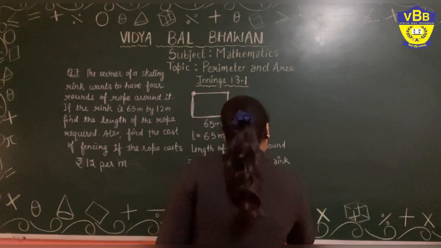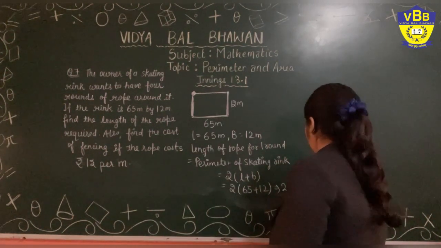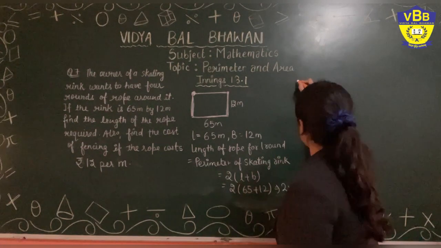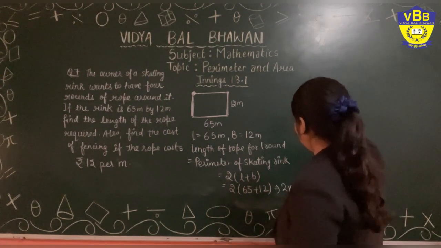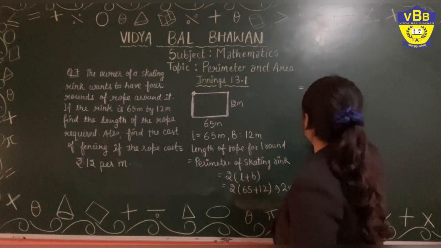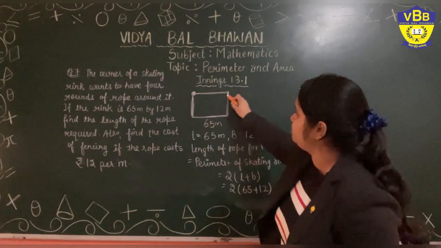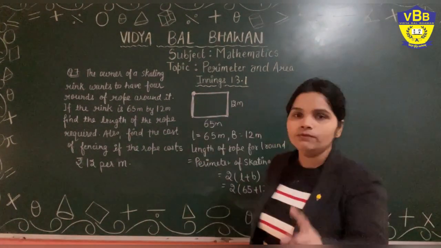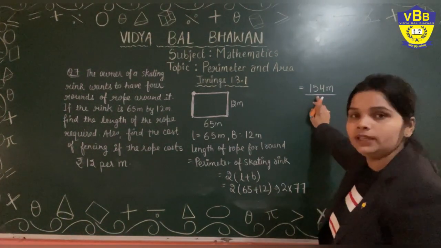That is 2 multiply 77. After multiplying, you get the answer 154 meter. In only one round, like this and this, 154 meter of rope will be required.